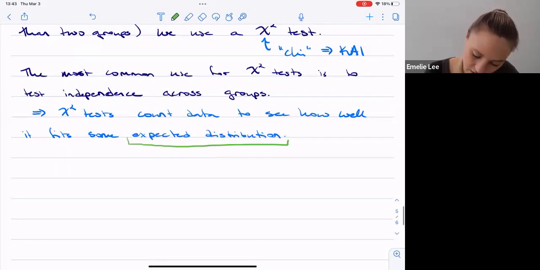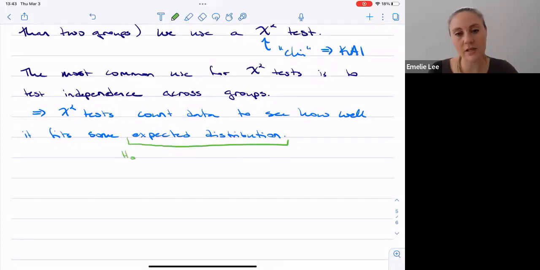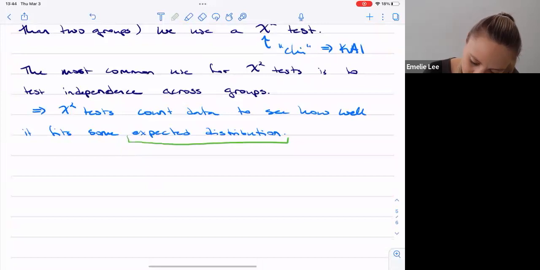So H naught might be that if the groups are independent, then the counts would be equally distributed across the groups, right? So maybe I'll write that out here.